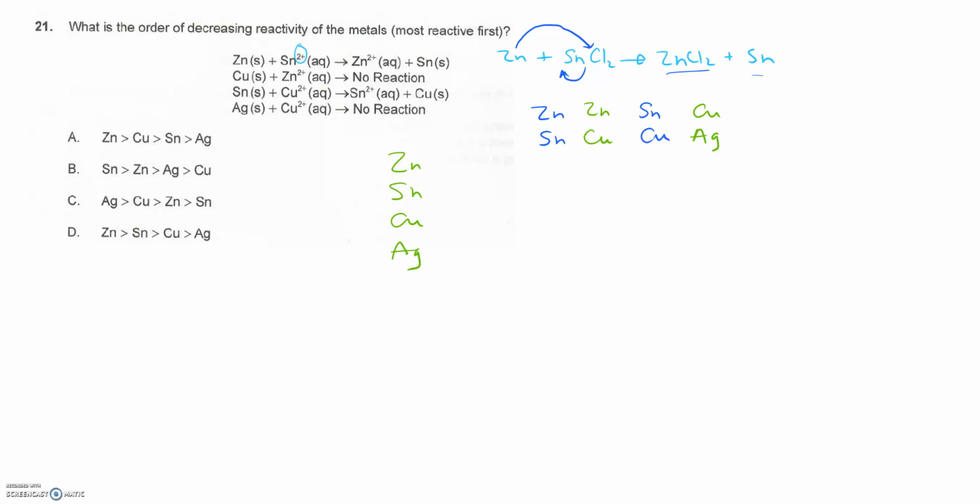And so this should be our reactivity series, with zinc being most reactive and silver being least reactive. And so when we're looking at these, that means that the one that's out front is more reactive than the one that's behind it. And the correct order then would be zinc to tin to copper to silver.